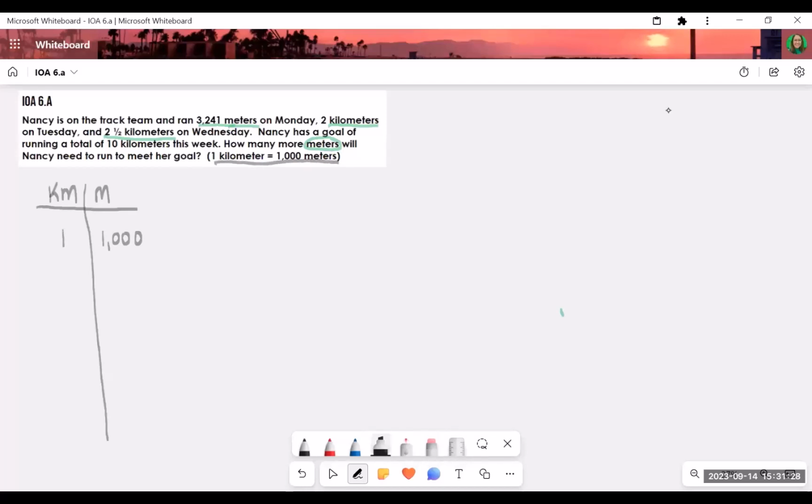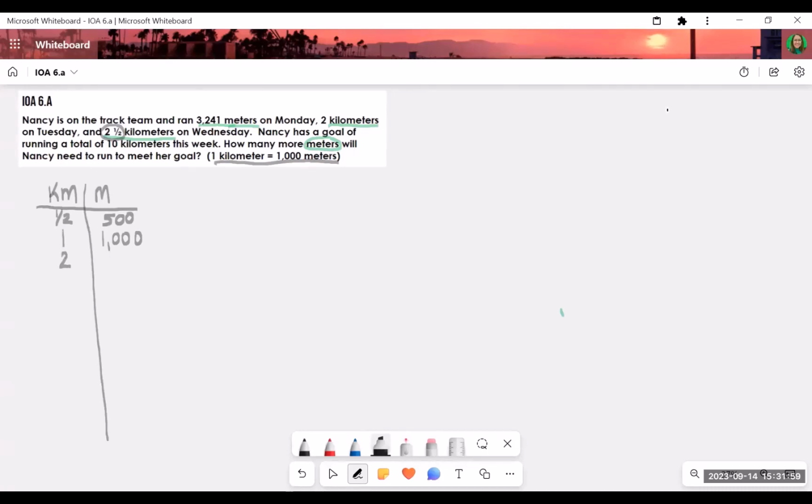I also noticed that there is a fraction, 1/2 kilometers in one of my distances. So I need to know how many meters are in half of a kilometer. So if 1 kilometer is 1,000 meters, then half of 1,000 is 500. So a half of a kilometer is 500 meters.